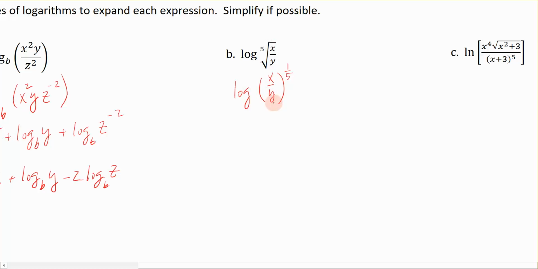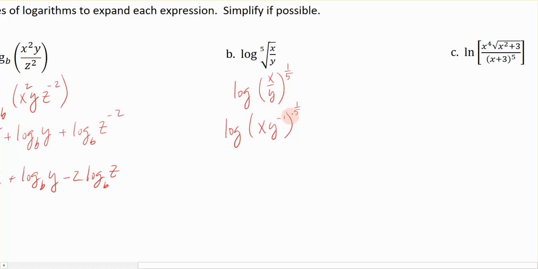Well, I think at this point I'm going to follow the negative exponent rule. So I'm going to go ahead and bring y up by rewriting this as x y to the negative 1 all raised to the 1/5 power. Now, within this argument, I have a power to a power.